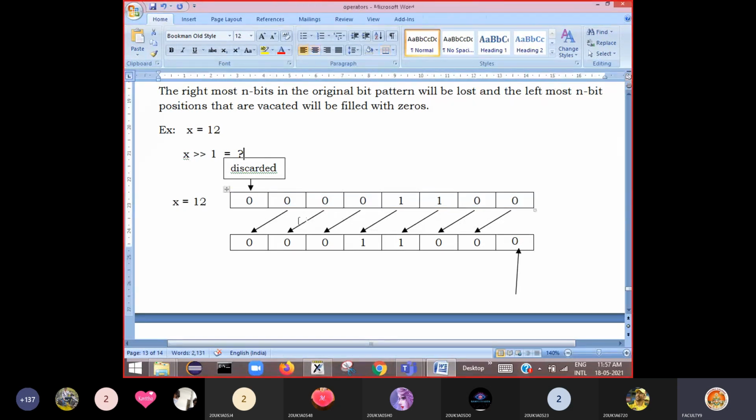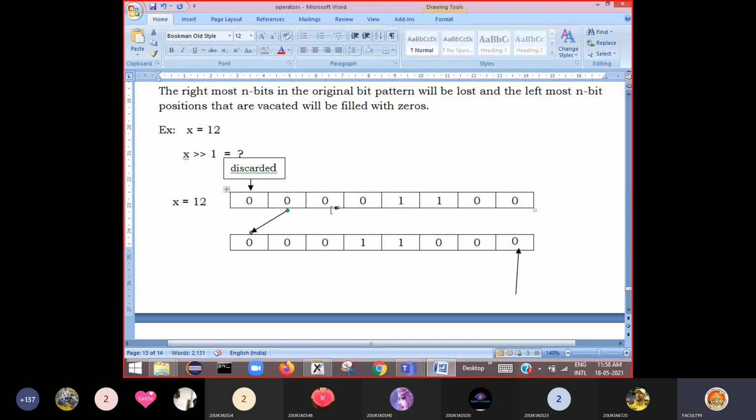So this time, if I move all the bits towards right here, what happens? All the bits will be moved towards right by 1-bit position. That means I need to remove all these, and their direction will be changed now.